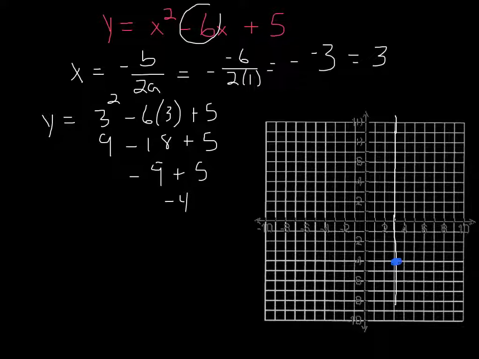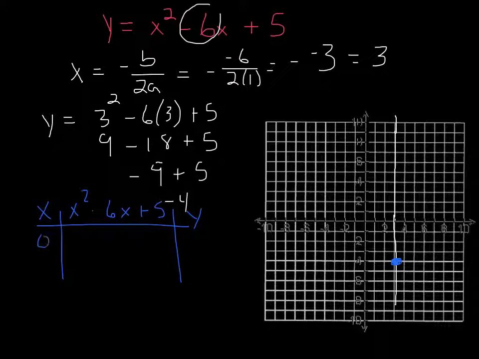Alright, let's pick 2 more points, and they've got to be on the same side. I'm going to do 0, because 0 always works out pretty well, right? I'm going to do my little chart, x and y, with x squared minus 6x plus 5. If x is 0, we've got 0 minus 0 plus 5, so y is 5.